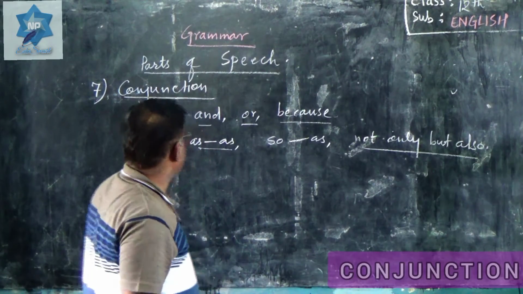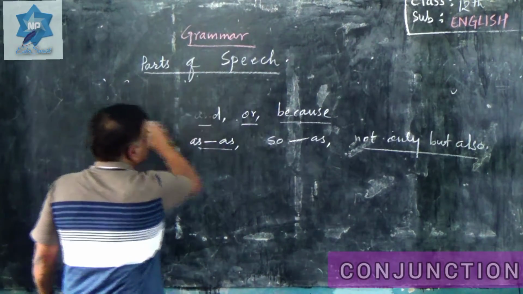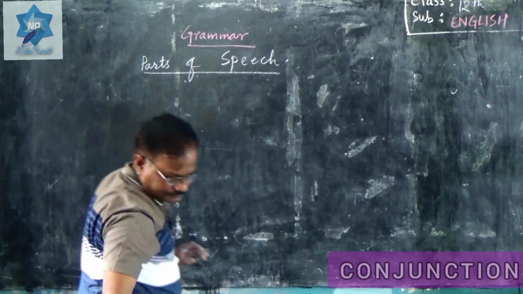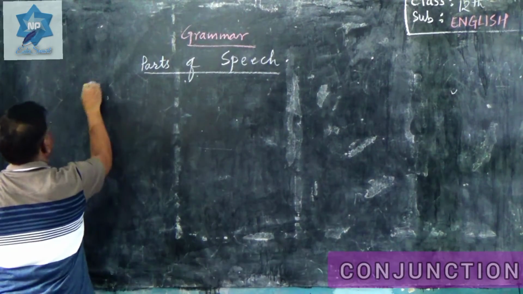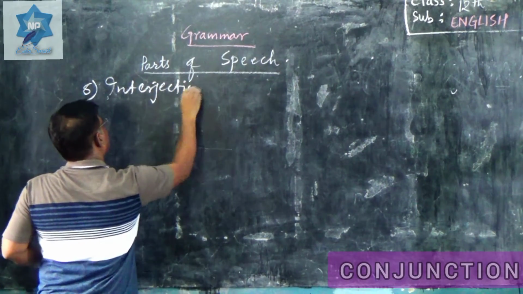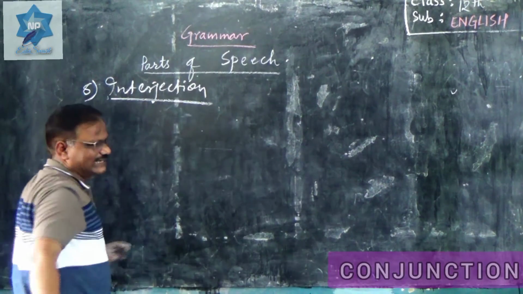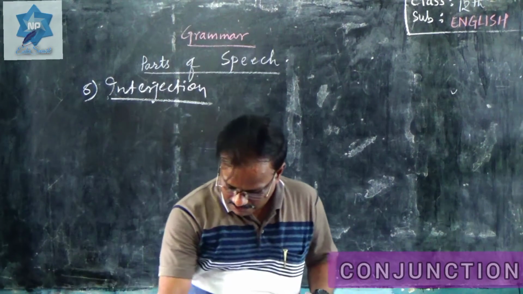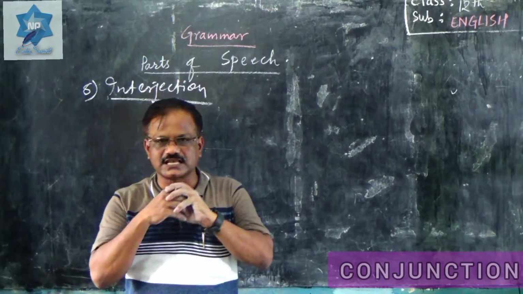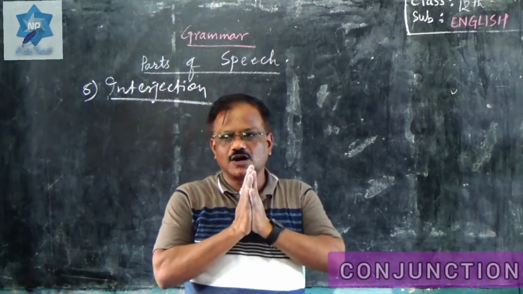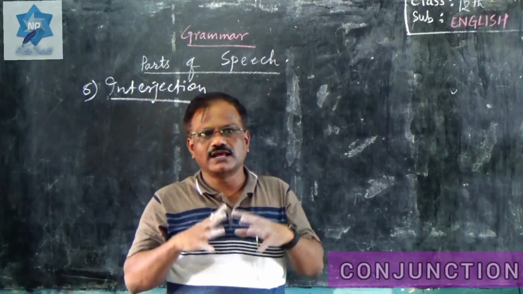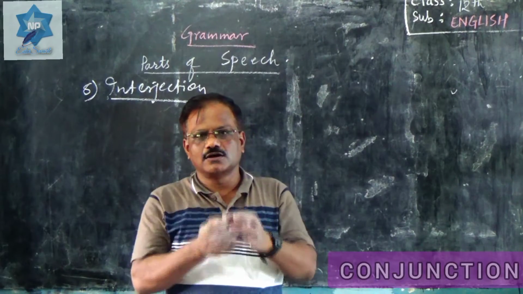Okay, and the last of the parts of speech of English is the interjection. What is an interjection? An interjection is a word used to express sudden emotions, or when you express emotions enthusiastically, when the emotions are overwhelmed.